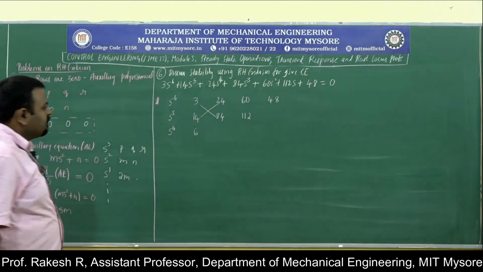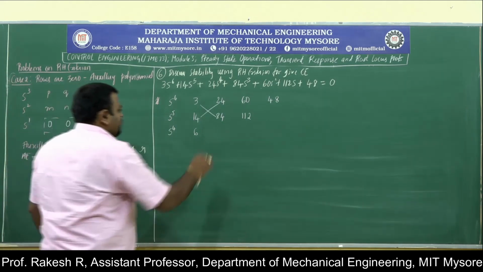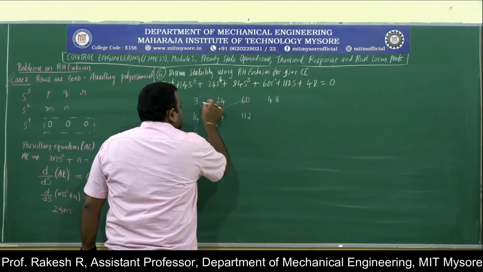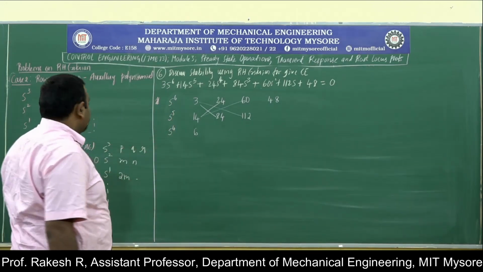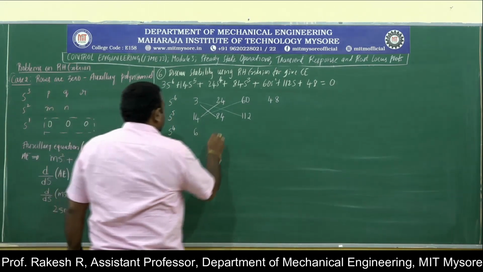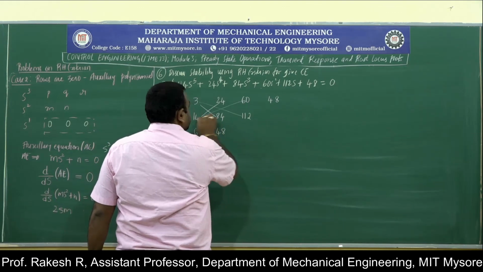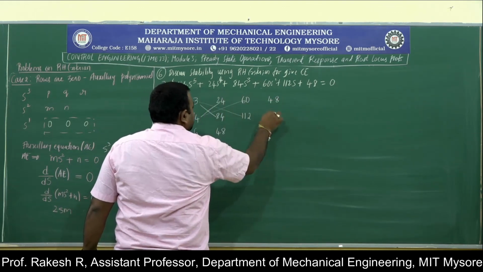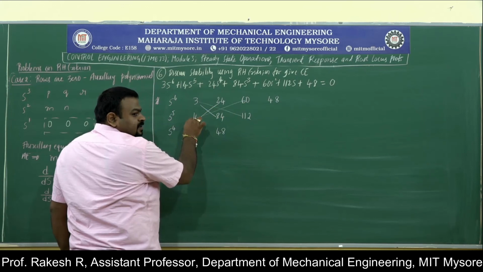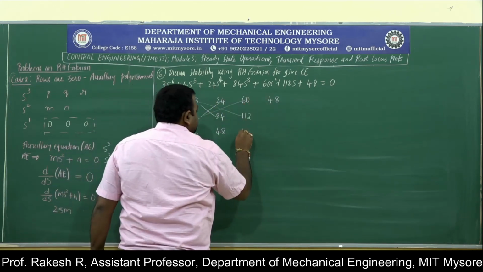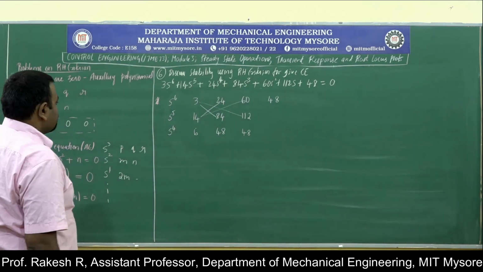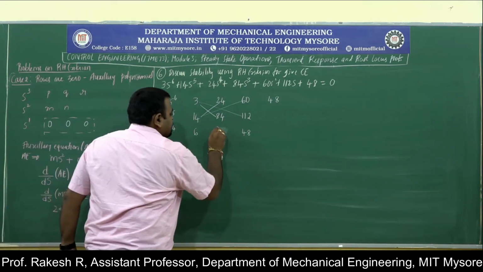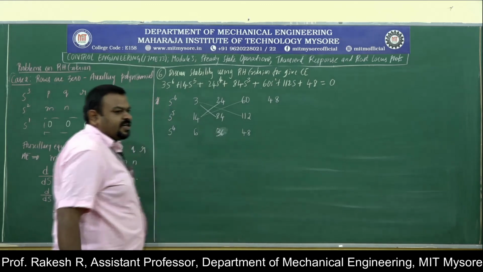Then the next is (14 into 60 minus 3 into 112) divided by 14, and the value is 36. Then this into this minus 0 divided by 14, the value you will get is 48. Sorry, this is 36 and this is 48.